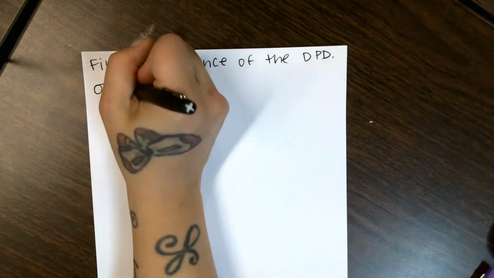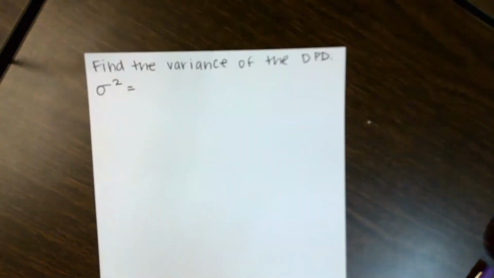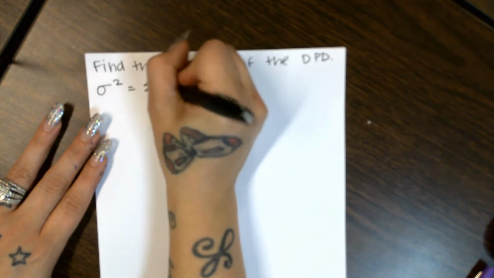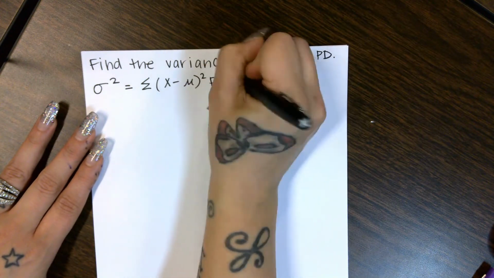And this is found by, I want to explain it to you in like the order of operations, but I'm going to just kind of read it left to right. Okay, but just the way you read it isn't really necessarily the way you work it, because it's going to start with a sum and the sum comes at the end. Okay, but the variance is going to be found by taking the sum of your X values minus your mean, all squared, multiplied by all of your probabilities.